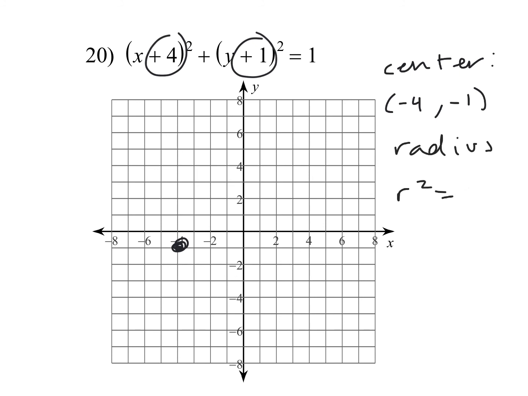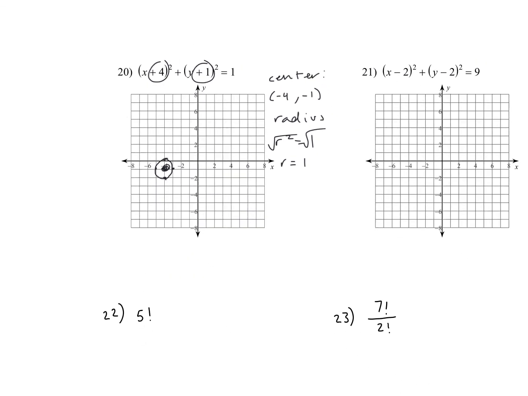Our radius squared is equal to 1, and if we take the square root of 1, that means our radius is 1. So we're going to go to the right one, up 1, left 1, down 1, and then we just connect our dots. Any questions?